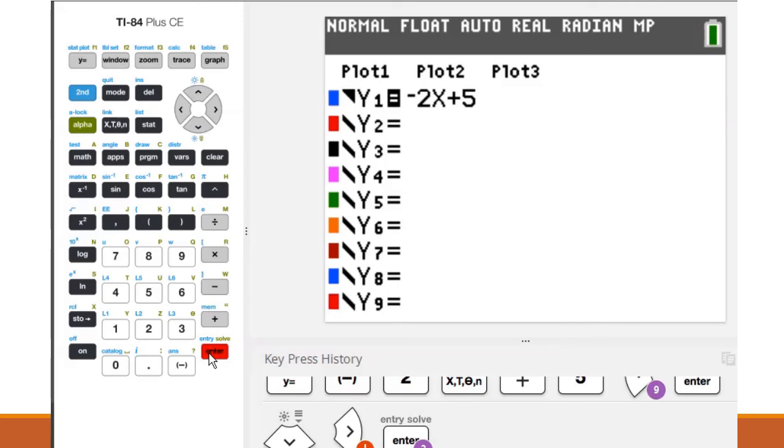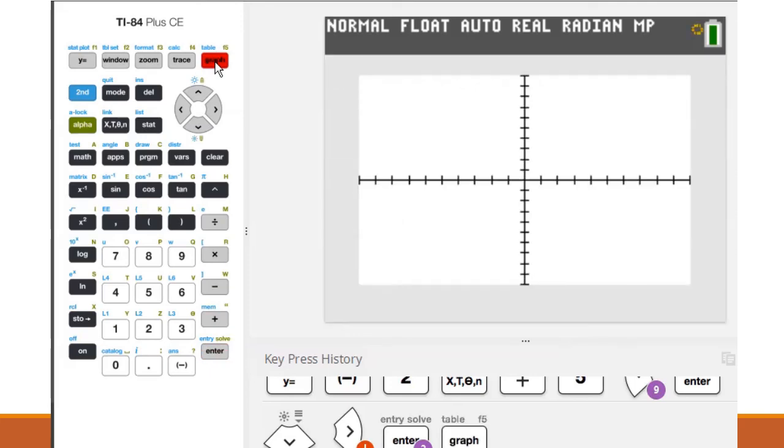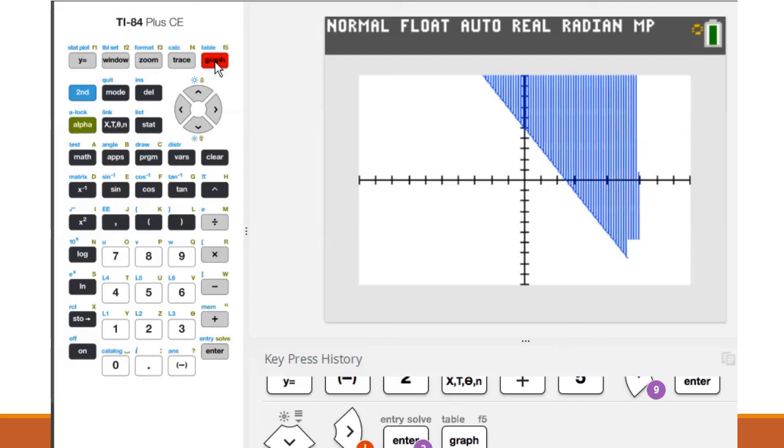And then when I graph, the calculator is going to show me the graph of the inequality. So in this case, as you notice, the calculator will graph the inequality for you and show you exactly where the shaded area is.